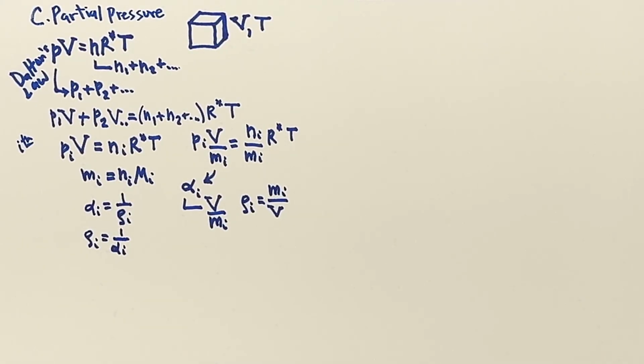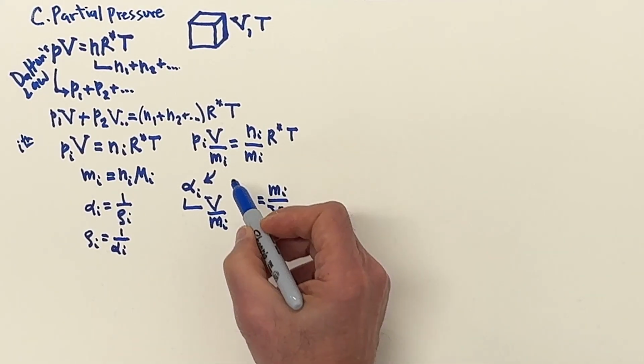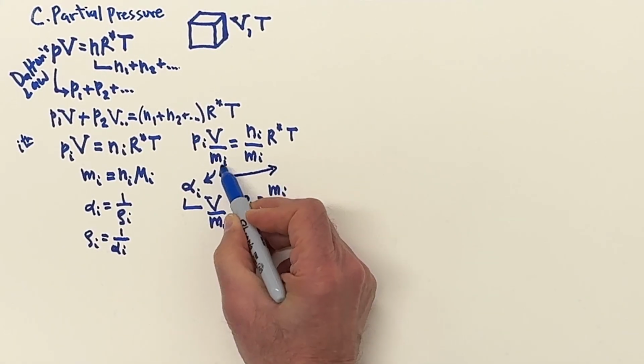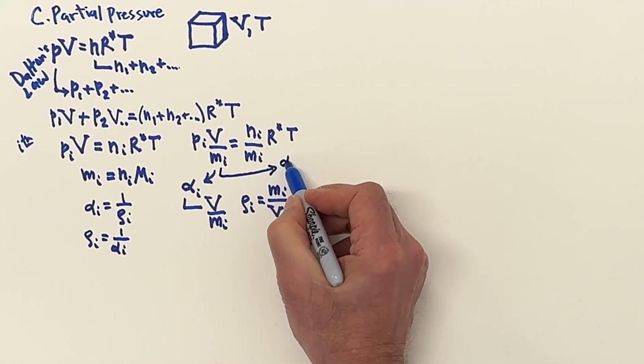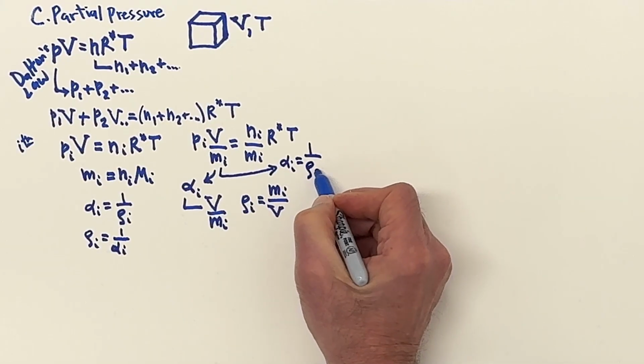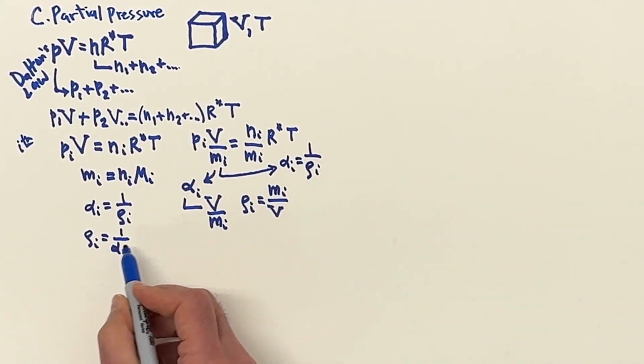So what we can do there is we can look at this V over mi, which is the alpha i. We can replace that with 1 over rho i. So let's do that and rewrite this.